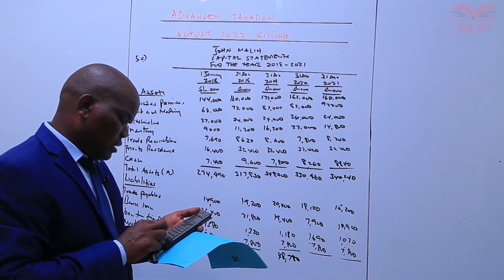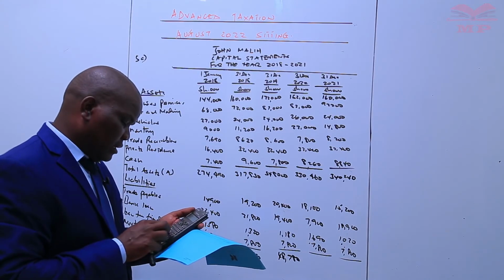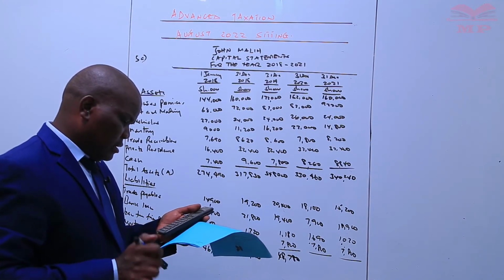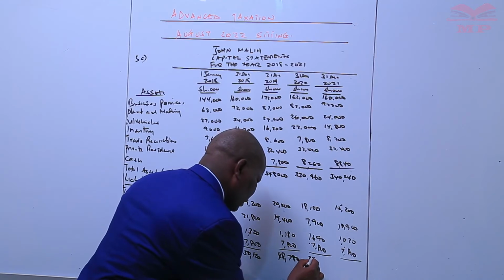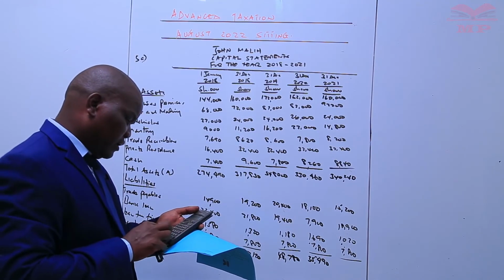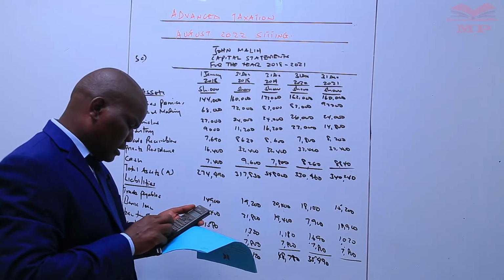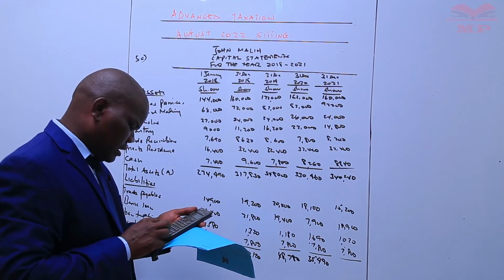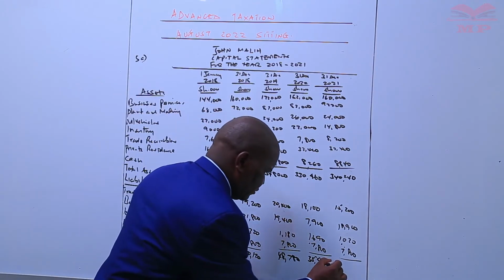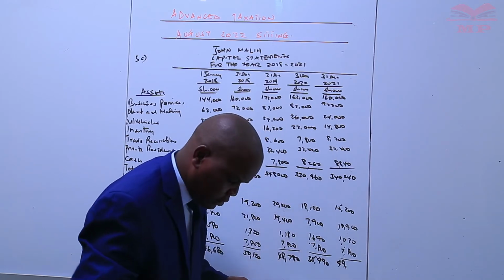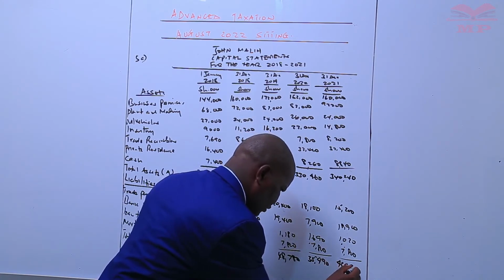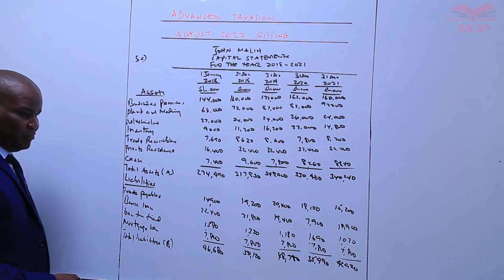Next, 18,100, 7,900, 1,690, and 7,800. I get 35,490. And lastly, 15,200, 18,900, 1,020, and 7,800: 42,920.